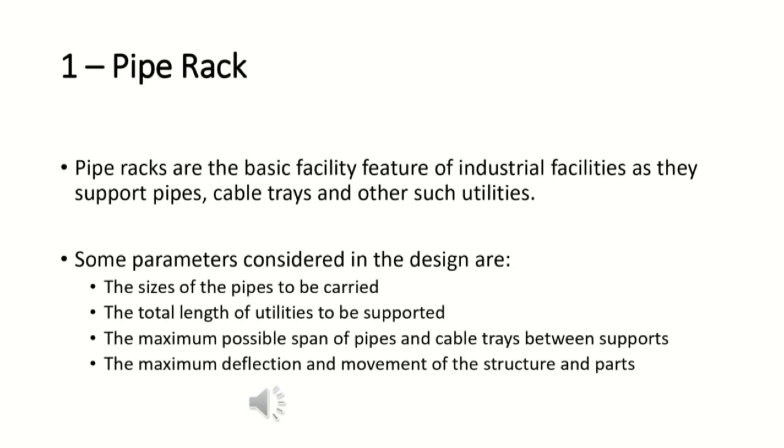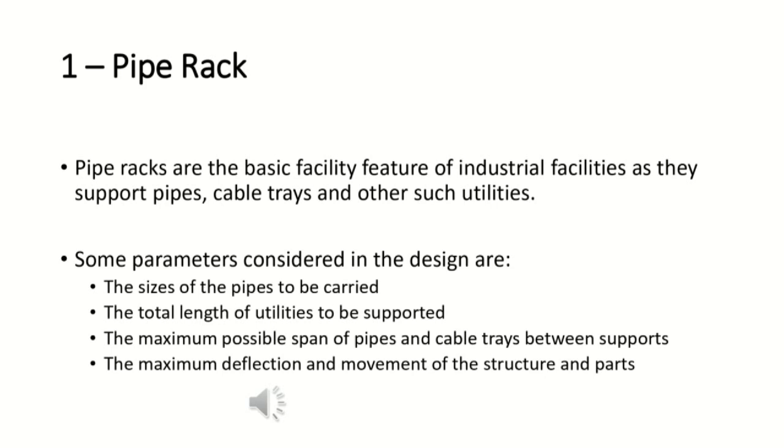Pipe racks are basic facility features of industrial facilities as they support pipes which transport products and other fluids from one end to a distant location. They also support cable trays and other such utilities.